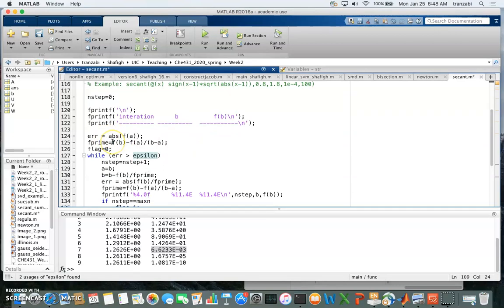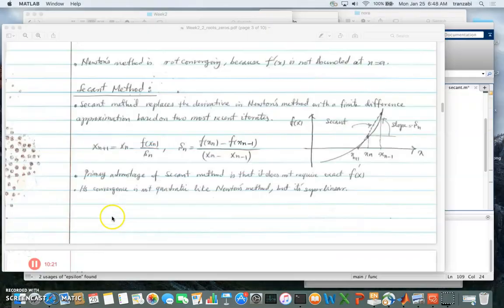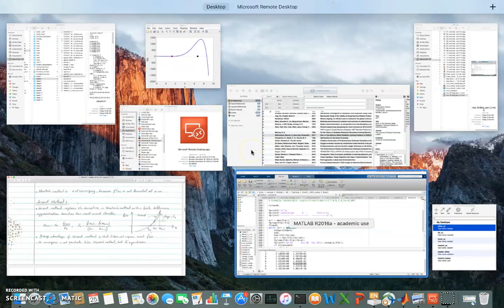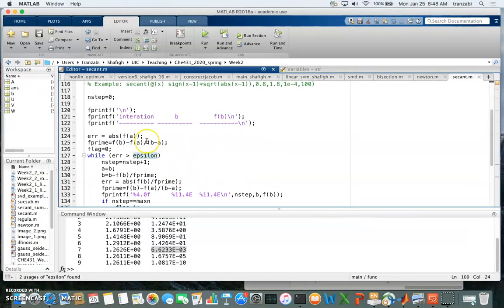So f prime in this case is not the derivative, it's just the difference between the f of a and f of b divided by b minus a. And this is exactly like this. So this is going to be my a, this is going to be my b, so it's going to be f of a minus f of b divided by a minus b. Okay. So that's what I have here. Well, actually, you can flip a and b, doesn't really matter.